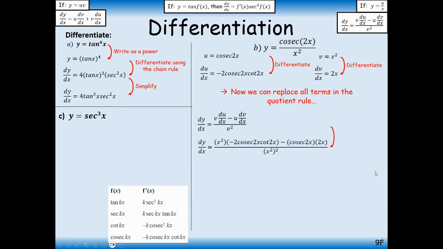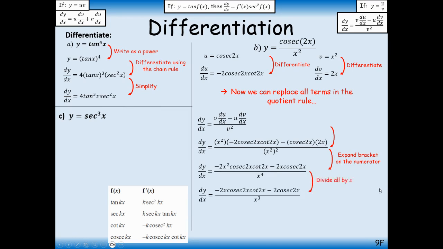So once we put the right terms in the right places, we will get this expression here, and we can do some simplifying because I can spot the x common factor here, and also cosecant of 2x is a common factor, so we can factor those first by an x, and then factorizing cosecant of 2x, negative 2 cosecant of 2x, we'll get such expression.